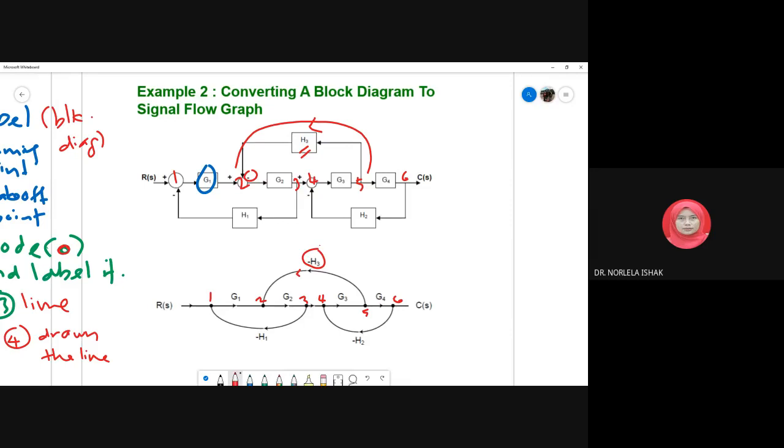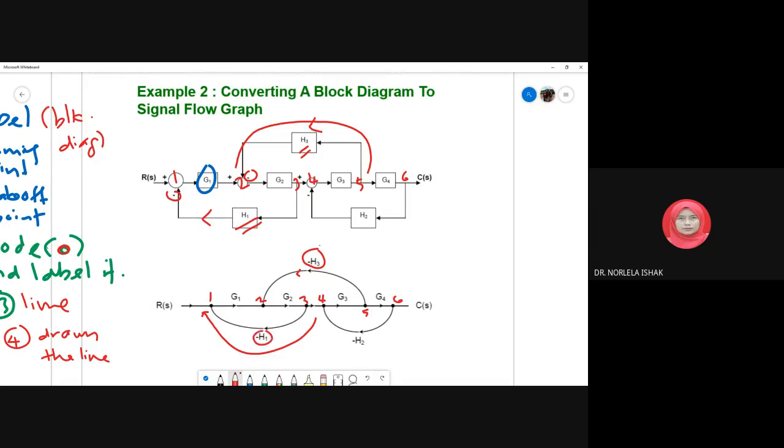Okay, how about H1? H1 from where to where? From node 3, yeah, from 3 goes to 1, kan? Kita tengok dia punya arrow. So from 3 goes to 1 dan H1, lepas tu tengok minus.